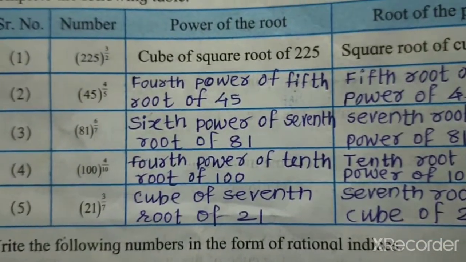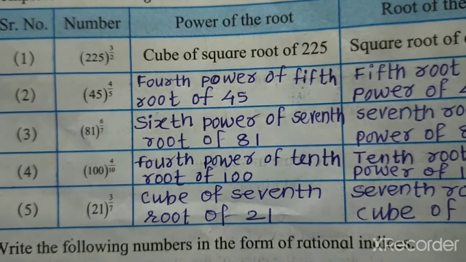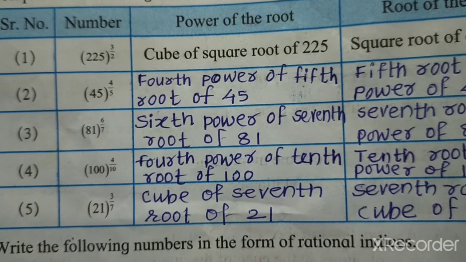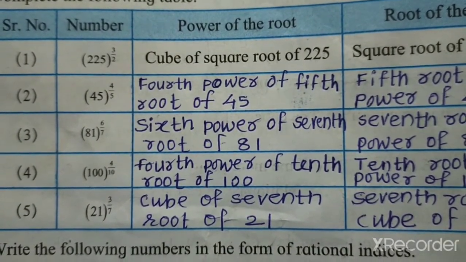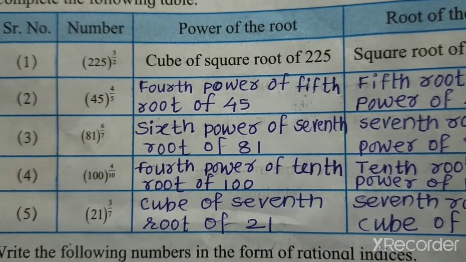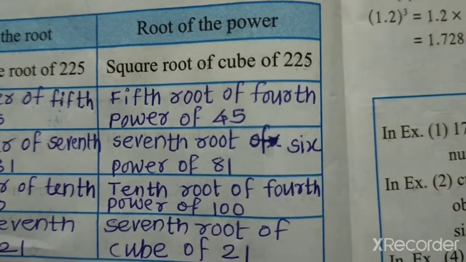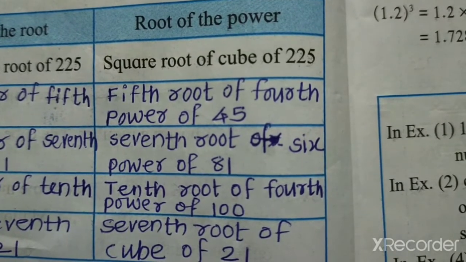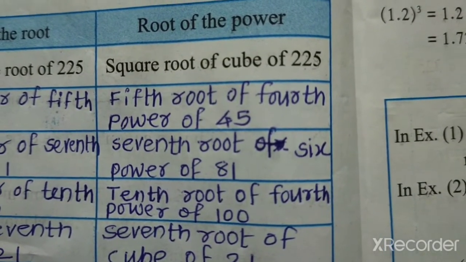See the example number 3. 81 raised to power 6 upon 7. So how to write in the first box? 6th power of 7th root of 81. And in the root of the power, 7th root of 6th power of 81.